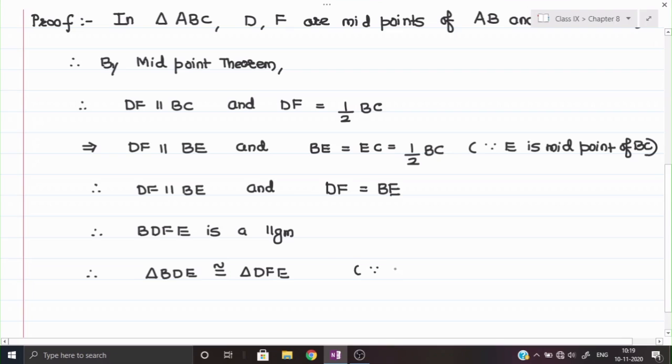Since in a parallelogram the diagonal divides it into two congruent triangles.